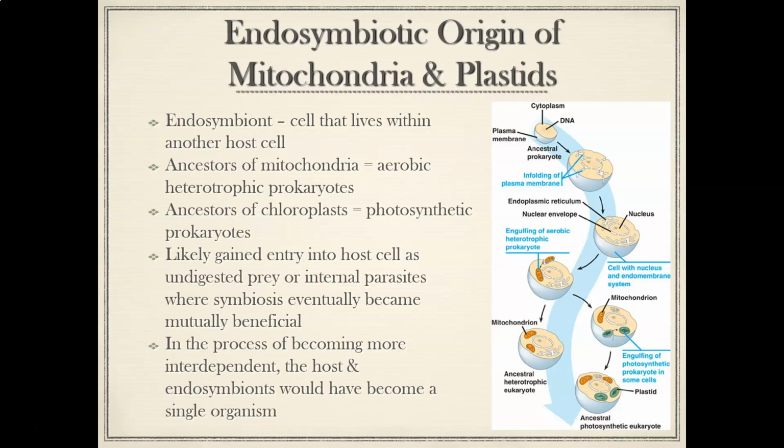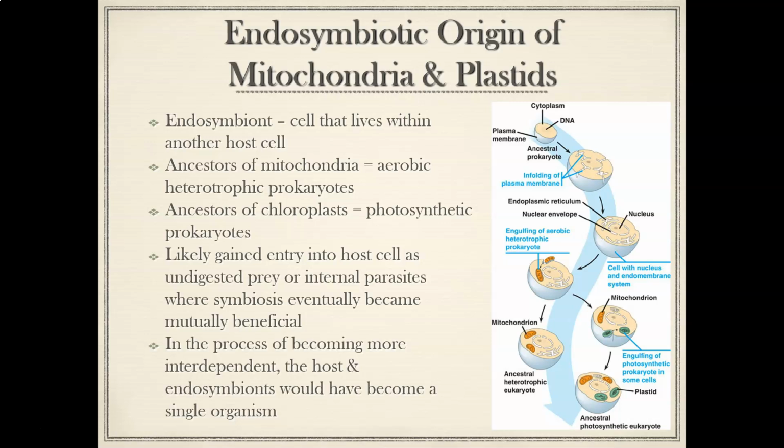So the thought is that the ancestors of mitochondria would have been some early aerobic heterotrophic prokaryotes. So they would have required oxygen, but they would have required obtaining materials from their environment in order to make their energy. Ancestors of things like chloroplasts would have been photosynthetic prokaryotes, so they would have been capable of carrying out photosynthesis and making their own energy by that means.